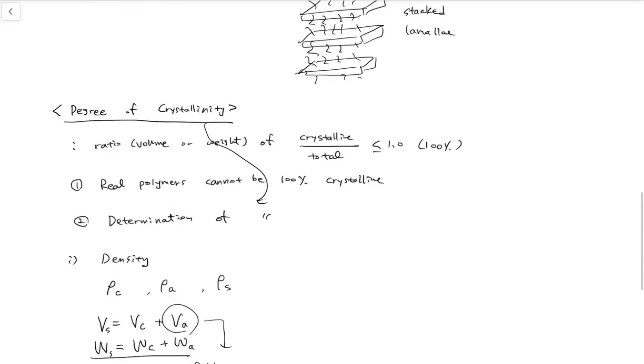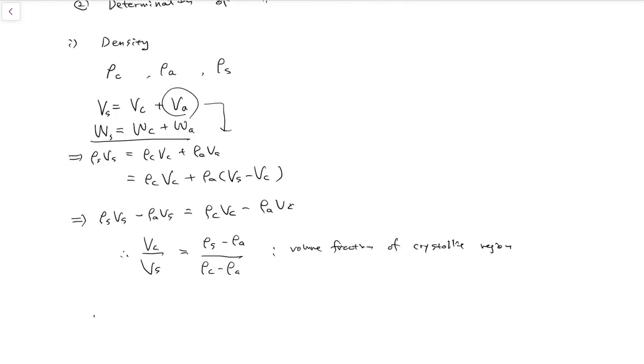Okay, so as a result, the degree of crystallinity, Xc, which should be the weight ratio of the crystalline region and the overall sample, is this. Okay, and we have Vc over Vs here.